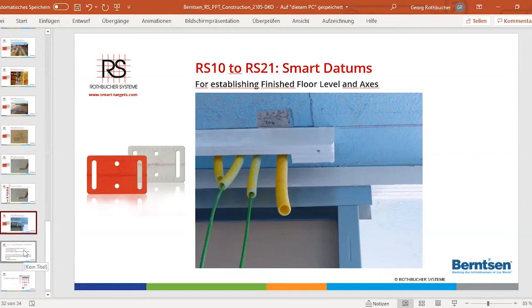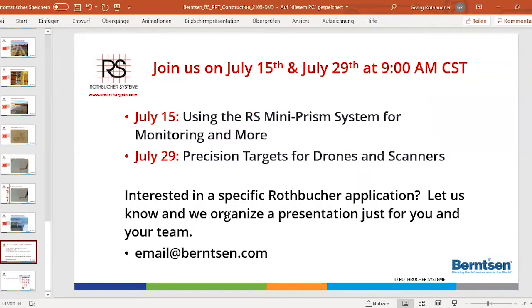It's just small money, and you get a clear reference point for finished floor level, for axis, for XYZ coordinates, for any instrument. So we offer a complete system, what I showed you today. I'm stopping this now and going back to my, I hope you can see me now.